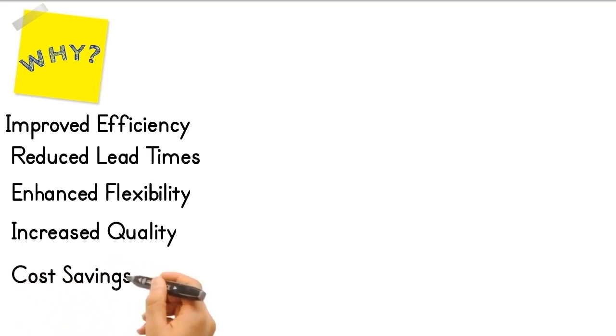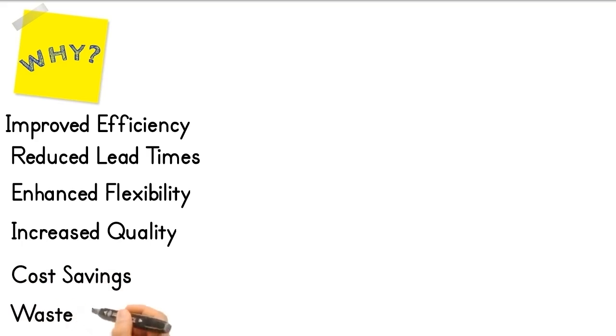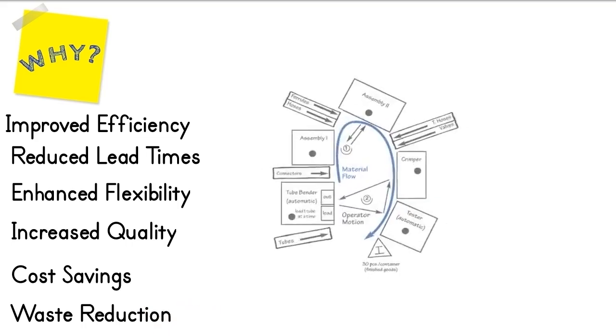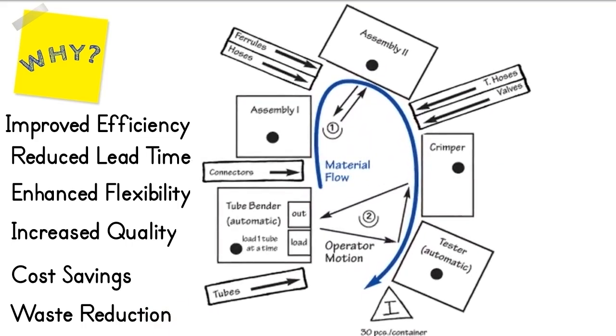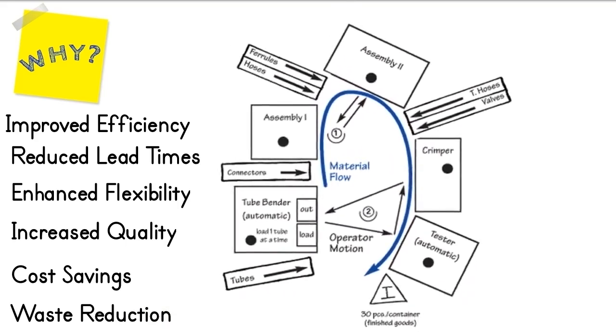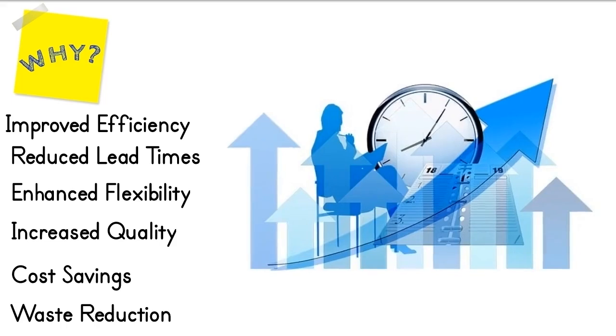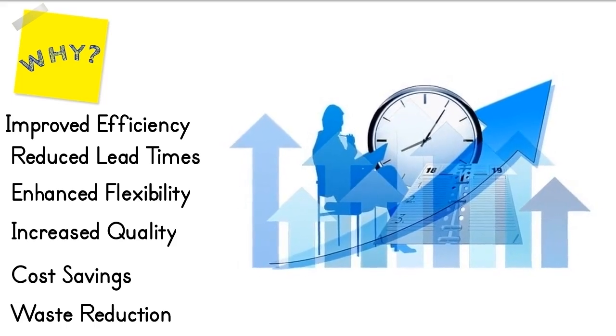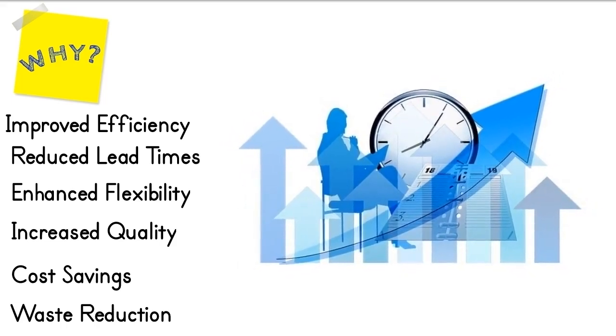With workers and machines grouped in cells, it is easier to maintain quality control, as workers are more familiar with the specific products they are producing and can detect defects earlier. By reducing waste and improving efficiency, cellular manufacturing leads to cost savings in material handling, labor, and inventory. A key focus of cellular manufacturing is to eliminate waste, including transportation waste, inventory waste, and unnecessary motion.